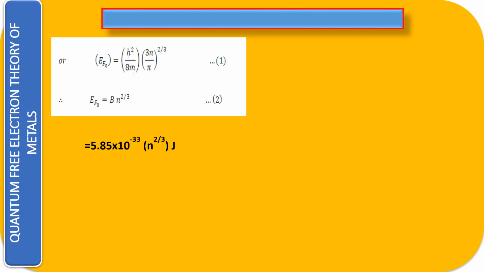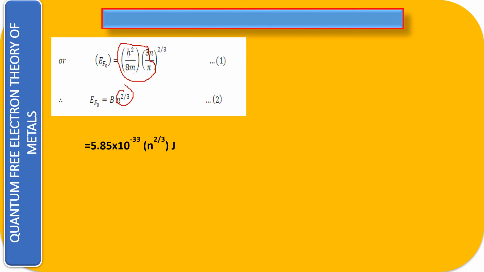So what is variable? n to the power 2 by 3. For all these things, except n to the power 2 by 3, which I have taken over here, I have substituted the values, and we are taking that as a constant. This entire factor I have taken as a constant, and I have called this constant b.